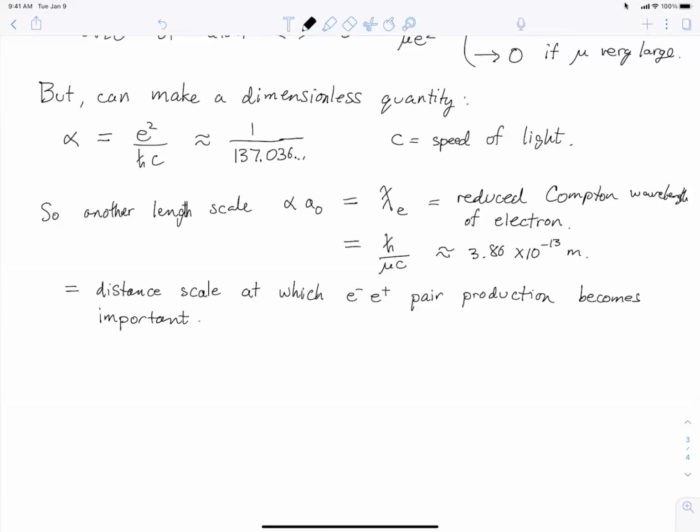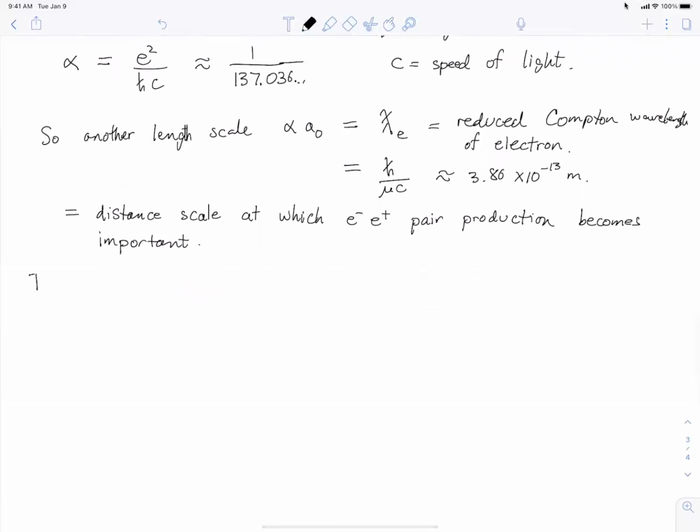Okay, and so to understand why this is very roughly true, and we're just doing very hand-wavy order of magnitude estimates here, suppose we confine an electron to a size comparable to the reduced Compton wavelength.